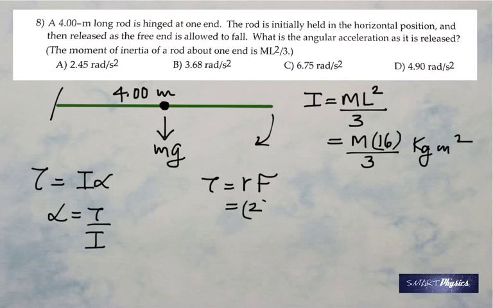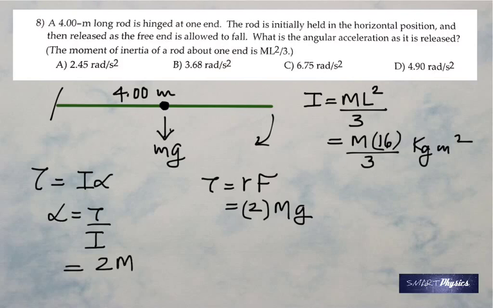The force is mg, and the distance is 2 meter. Why 2 meter? Because it's half the length. The pivot is here, and the force is acting here, so the distance is 2 meter, and the torque is 2 times mg.